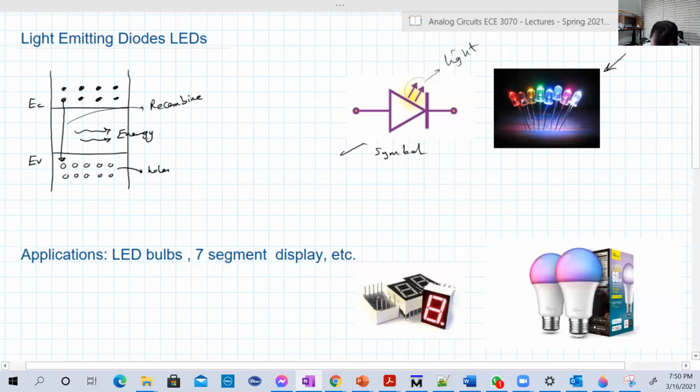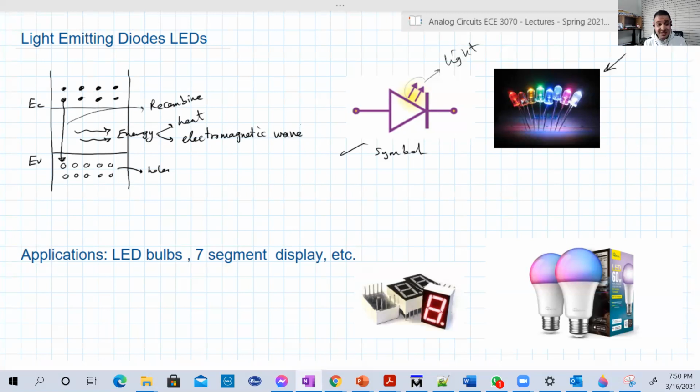It can be heat. It can be an electromagnetic wave. In silicon, it was just heat, so this recombination shows up as a form of heat, an increase in the temperature of the silicon.